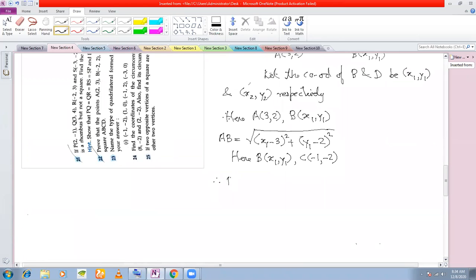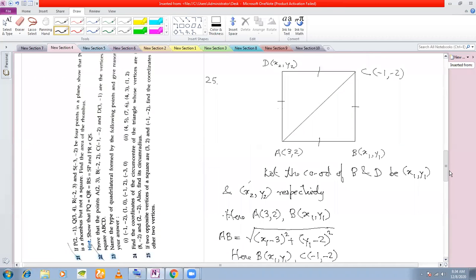So therefore BC is root over minus 1 minus x1 square plus minus 2 minus y1 square.